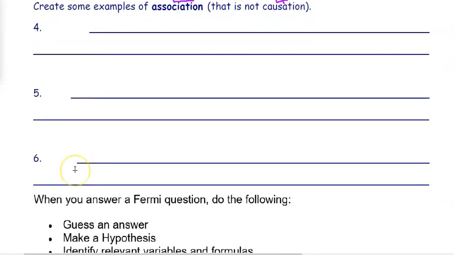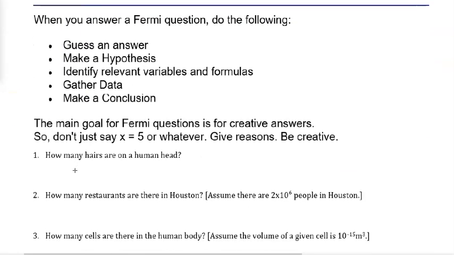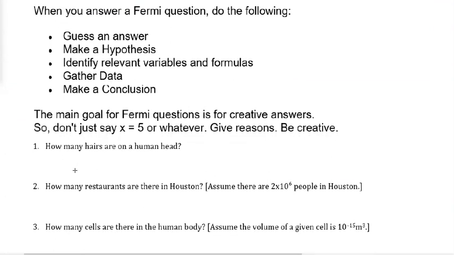Okay, let's look at the next part. When you answer a Fermi question, you'll do the following. Guess an answer, make a hypothesis, identify relevant variables and formulas, gather data, and then make a conclusion. The main goal for Fermi questions is for creative answers. So don't just say x equals 5 or whatever. Give reasons. Be creative.